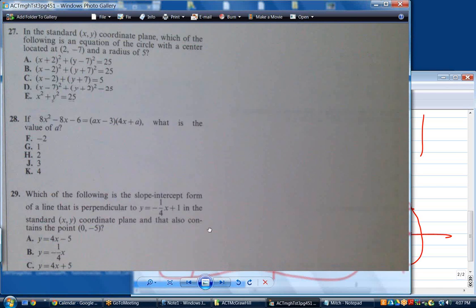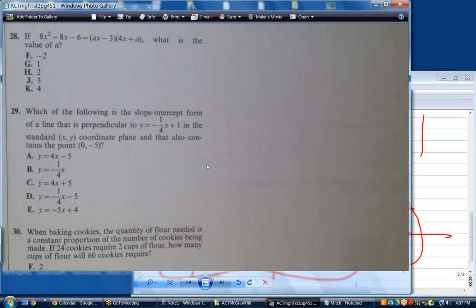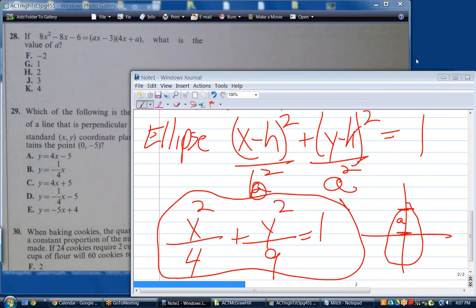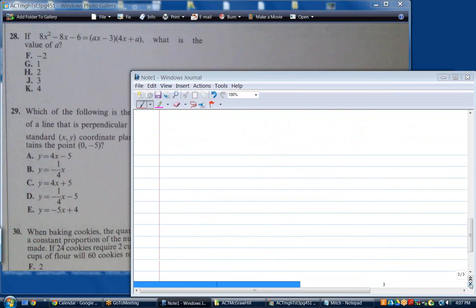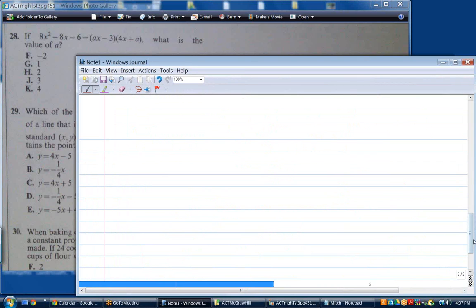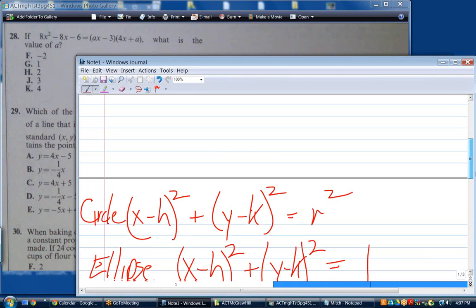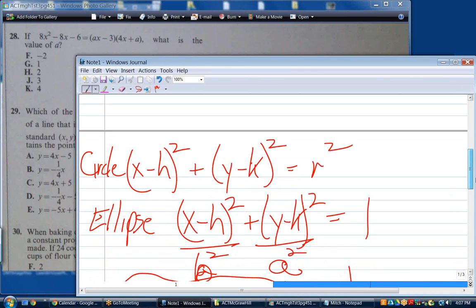All right. That really is the only conic stuff you have to know. And there's only 2 questions on conics. So if you can remember those 2 basic formulas, you're going to get both conic questions correct.